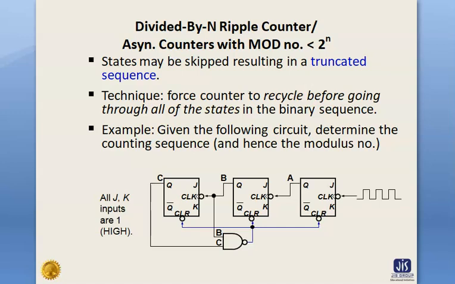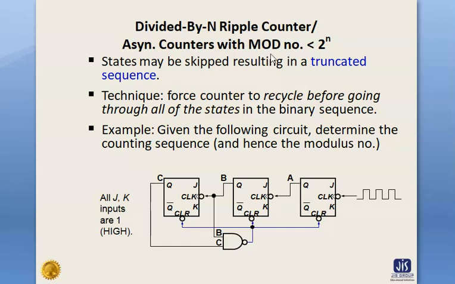Now what is the design procedure of a divided by n ripple counter? First we have to determine the number of flip-flops required to design a counter. Then we connect these flip-flops as a ripple counter, and after that we have to find the binary representation of this capital N, that is the mod number of the counter I have to design.